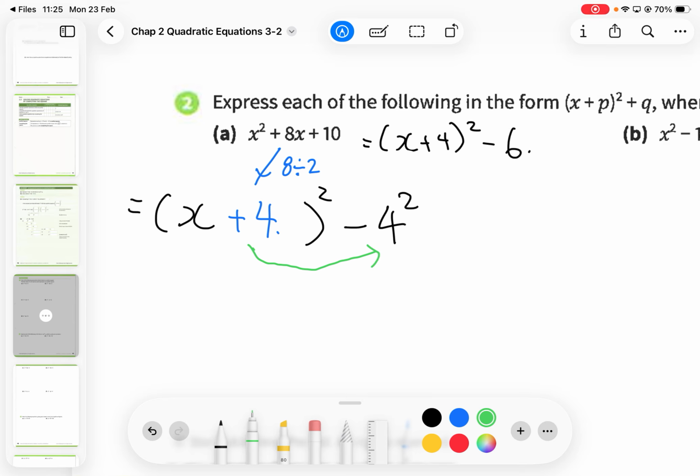From here I divide, get this number, then I always minus the square of this number. That will take care of the front two. Then I still have my plus 10. I never do anything with the plus 10. It just continues to come over here.